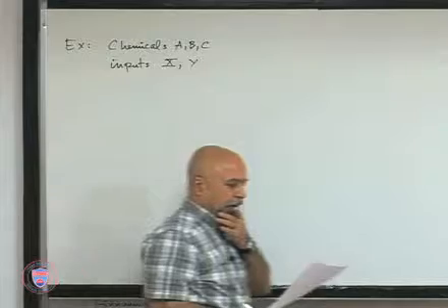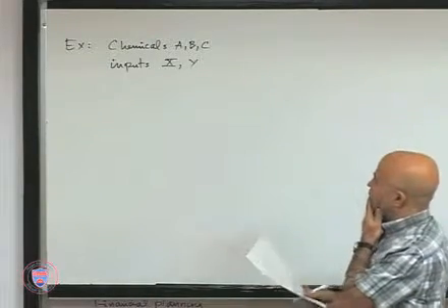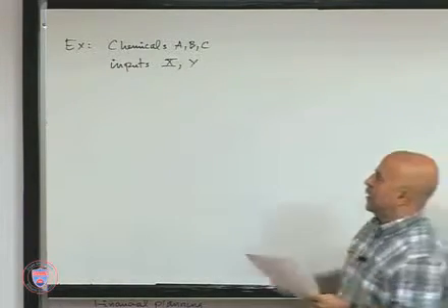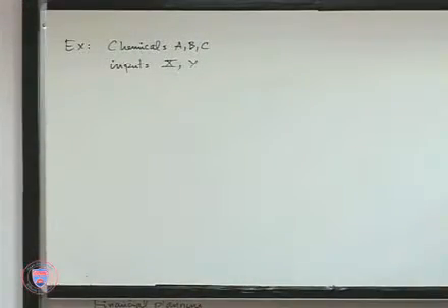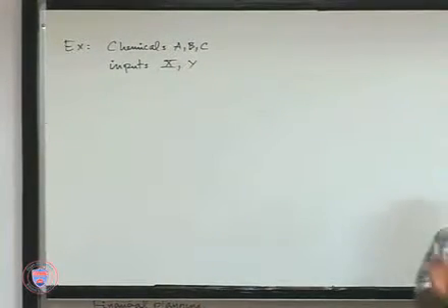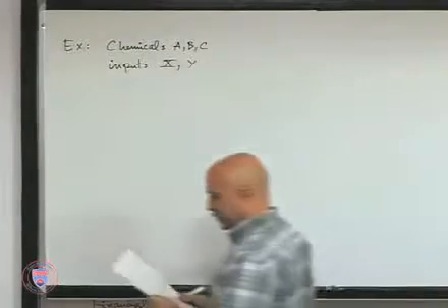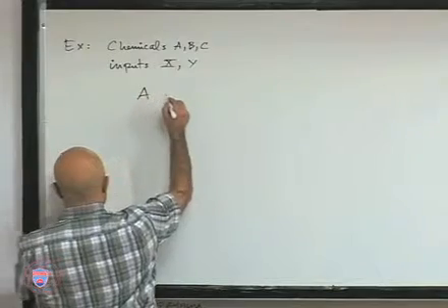Suppose you have a chemical process where you produce chemicals A, B, C with inputs X and Y. These are capital X and capital Y. Later on, if I start using small lowercase x and y, don't confuse the variables with the actual inputs. Okay. Now we've got some information.